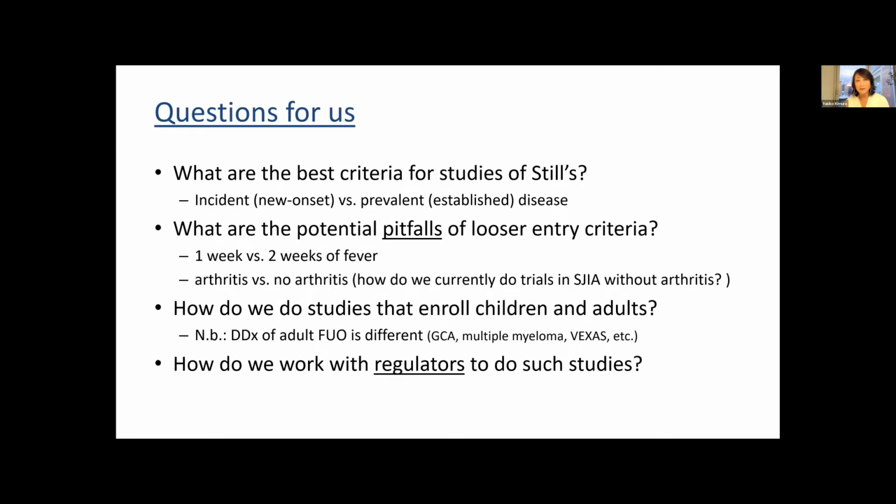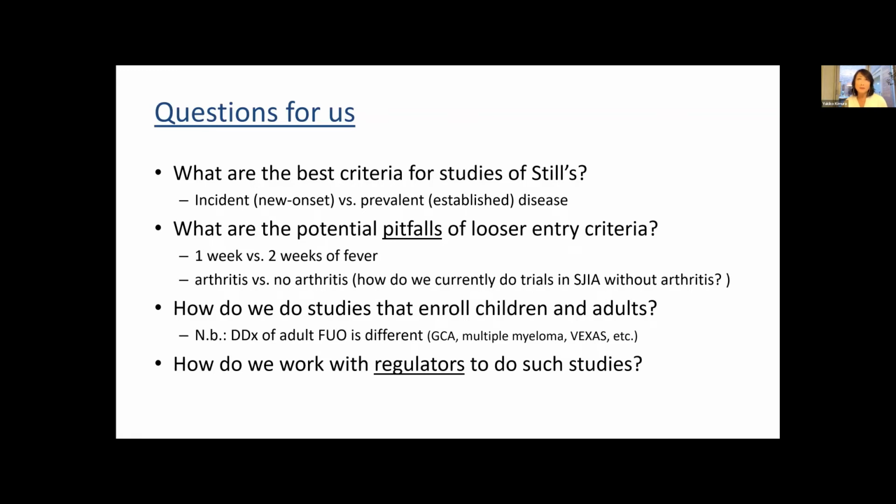I think that in the incident or new onset patients, you're really still uncertain about the diagnosis. So I think that is one of the major reasons, for example, in the CARA criteria, where we continue to mandate that the patients had to have arthritis, albeit for a shorter period of time, I believe it was a week or 10 days.